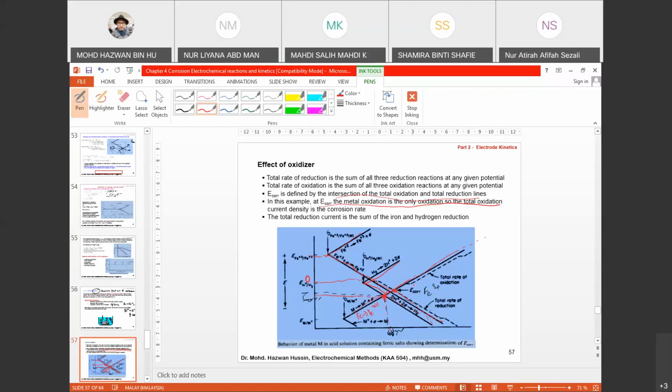So this is the new E-corr, which is where you have the intersection of Fe3+ with your hydrogen. So this is the new E-corr value produced with the addition of oxidizer.